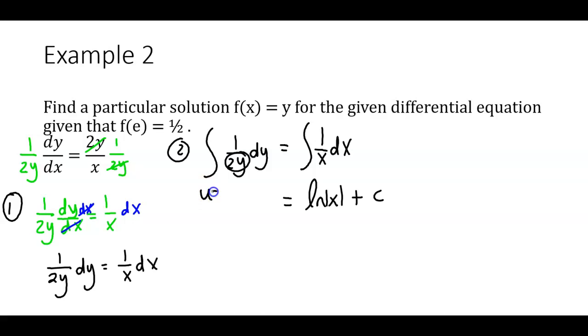So I'm going to say that u is equal to 2y, and then I'm going to say du/dy is equal to 2. And I'm going to get that dy by itself so I can do my u substitution here. So anytime your denominator there is something other than just a single variable, you have to do u sub.